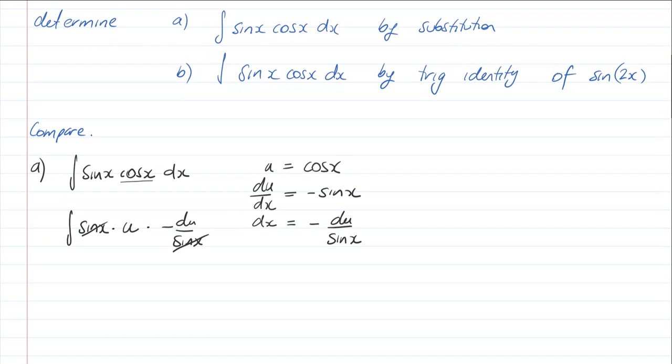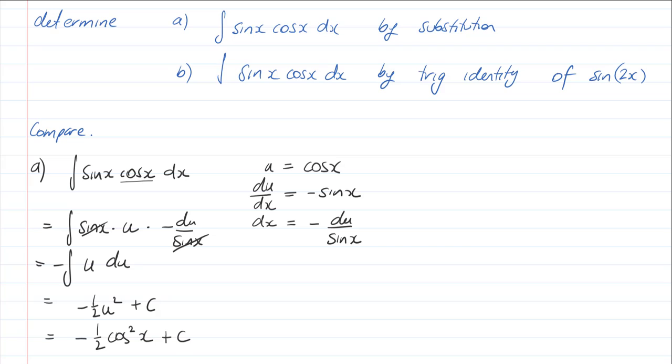And so now I've got the integral of u du, but there's a negative, which I'll place out the front, a bit easier. And this, of course, is equal to negative a half u squared. I'll just pop some equal signs out here to show my step between lines. And of course, I'm going to write this down as negative a half cos squared x plus c. Put the plus c there. So I've converted it back into a function in terms of x.